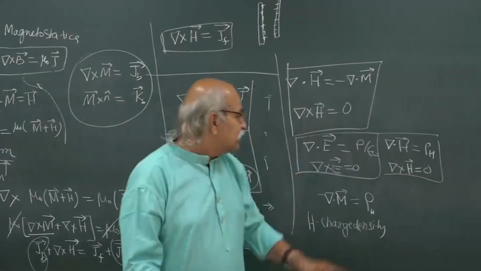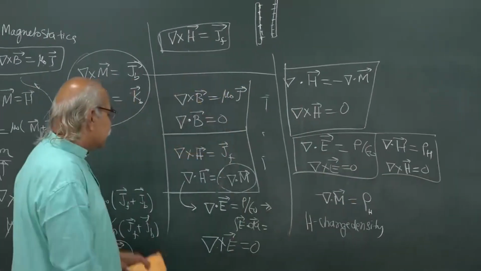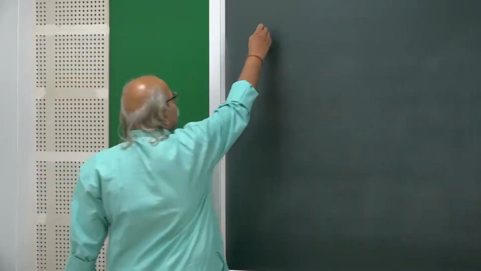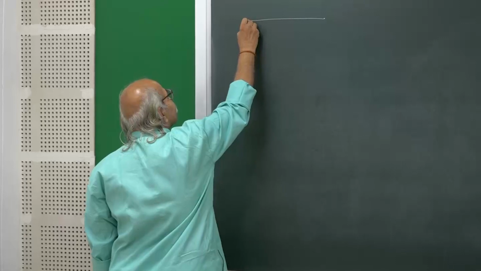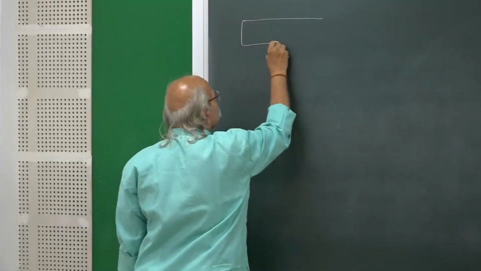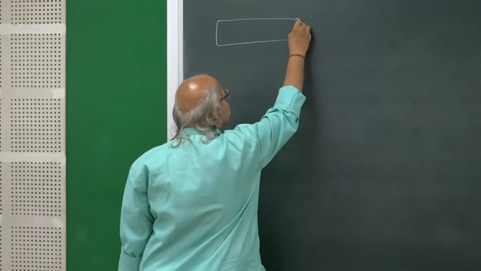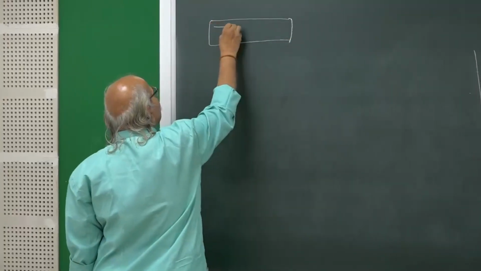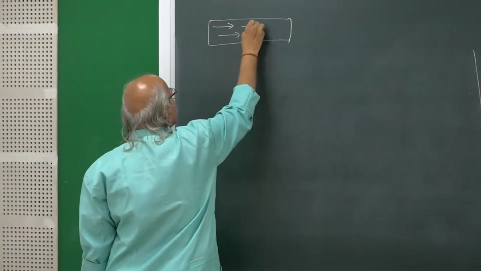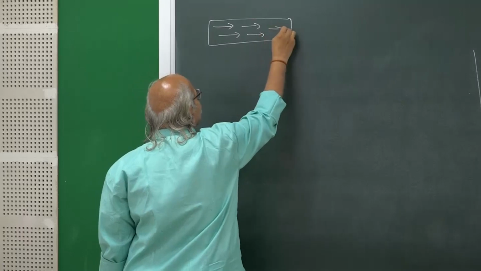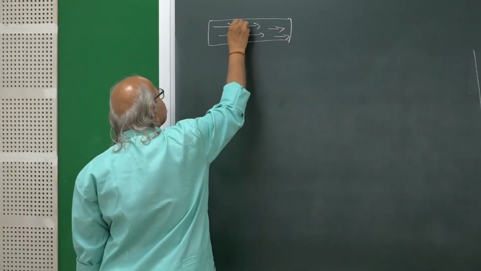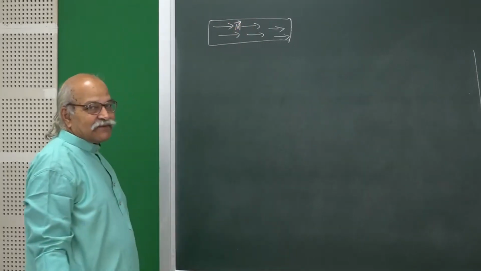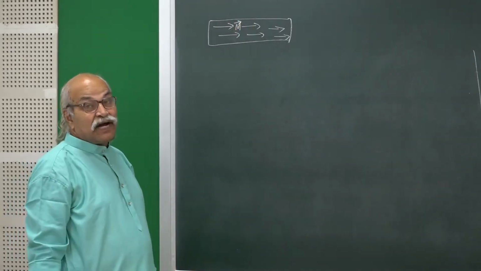So, let me show this method for some simple cases. First, let us suppose you have a bar magnet, and it is uniformly magnetized. This magnetization is M, constant everywhere inside this bar magnet.